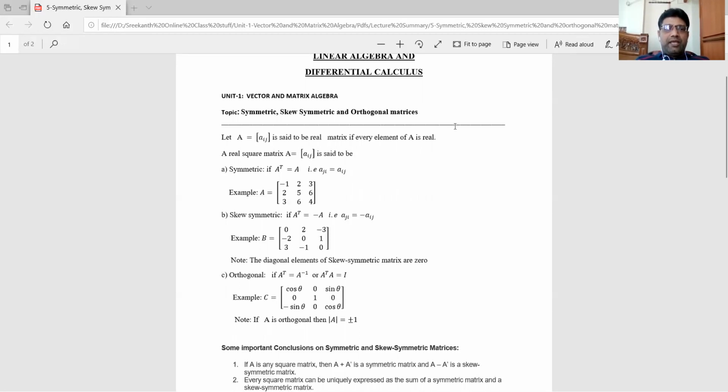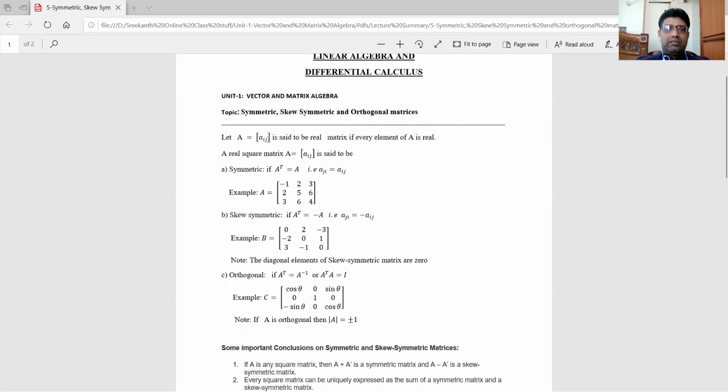Let A equals Aij is said to be real. Here, if you look at the notation, A equals Aij, which stands for, suppose A is an m by n matrix. It will be like this: A11, A12, and so on, A1n. Similarly, A21, A22, and so on, A2n. Instead of representing it like that, we simply put it in a notation like this: Aij, where there are two subscripts, i and j, where i stands for row and j stands for column.